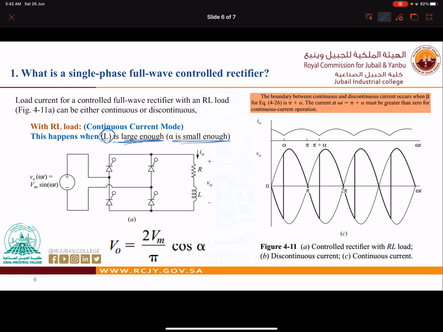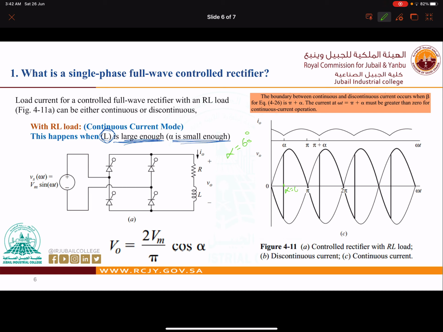Now let us do it here, Shabab. Again, green color, we'll use it for the voltage. Now let us assume that alpha is 60 degree again. Alpha is 60 degree. And here we can say that at 60 degrees, so this is alpha, right?